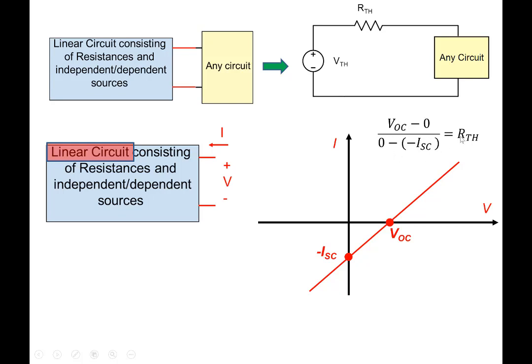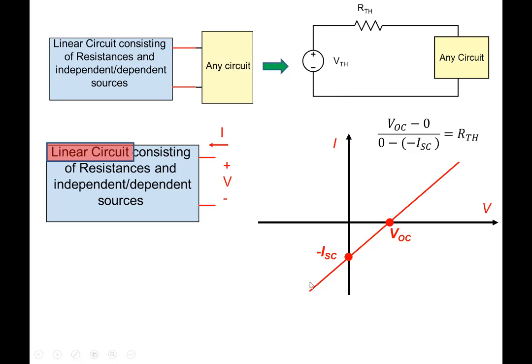We define this equal to some resistor, RTH. We have just chosen the symbol RTH; you can write anything here. But it's a resistance RTH. Because we have plotted I versus V, the inverse of the slope of this line is RTH here.